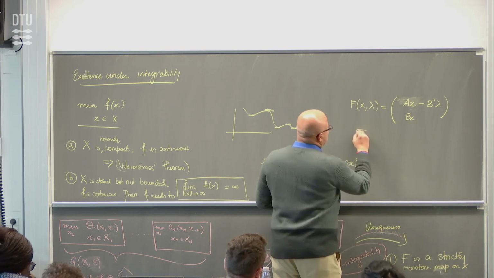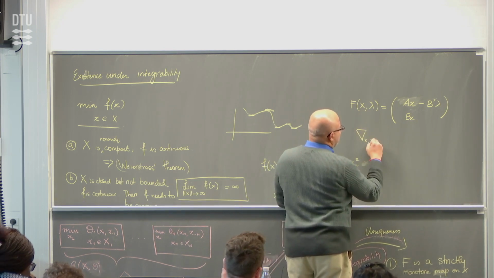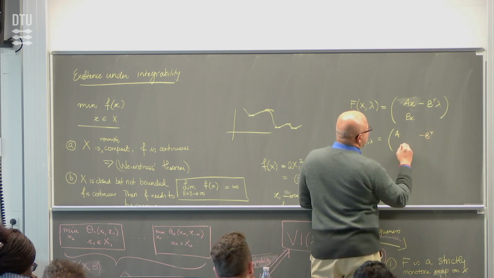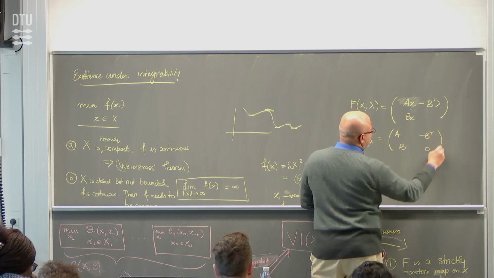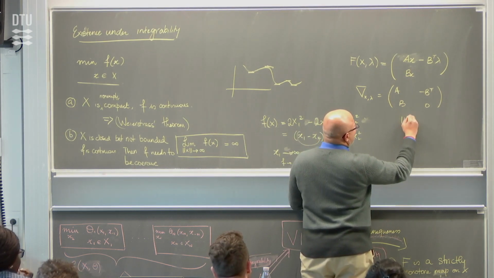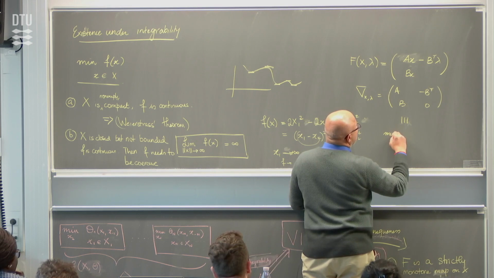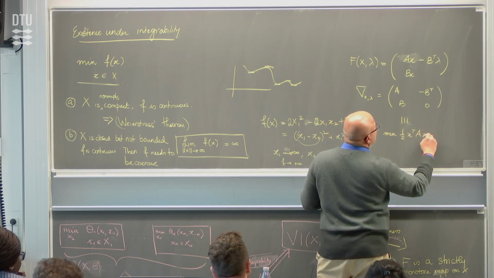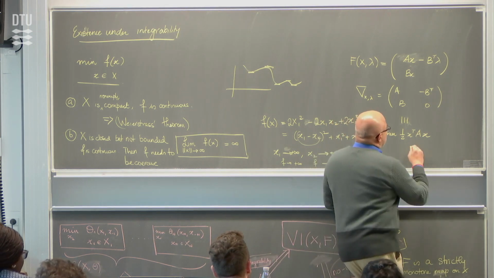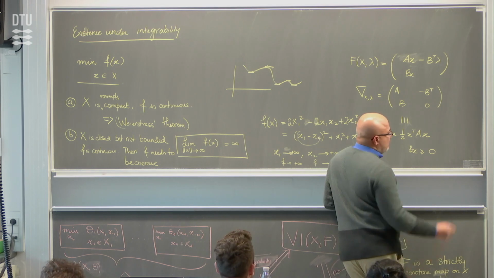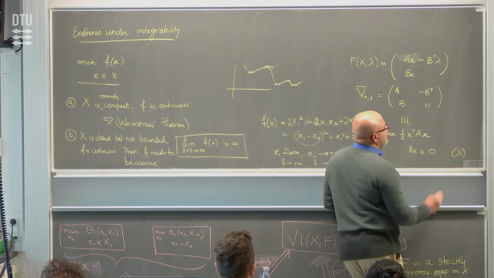Now if I take the Jacobian of this, I get A, minus B transpose, B, 0. Now what you notice is this is equivalent to minimizing half x transpose Ax subject to Bx non-negative, where lambda is the multiplier.